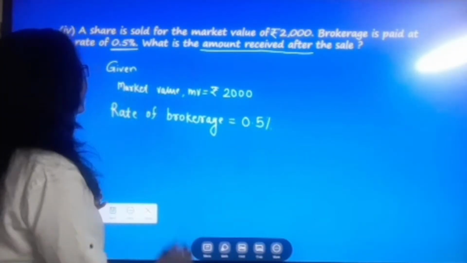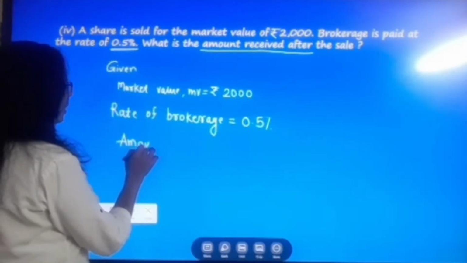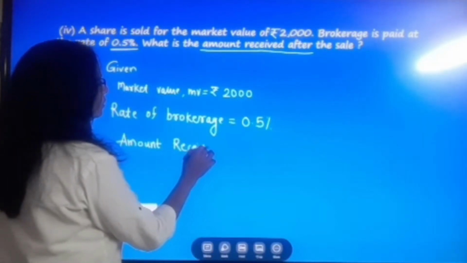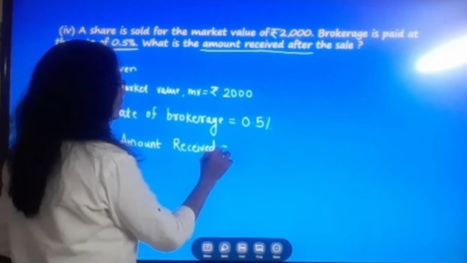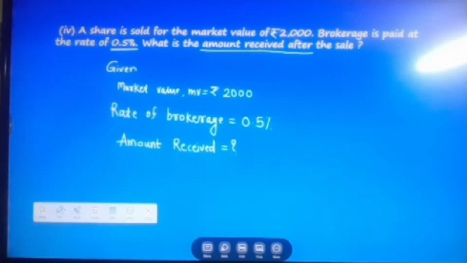And here we have to calculate the amount received, which is equal to question mark. So now here, students, we have to find out the amount received after the sale.